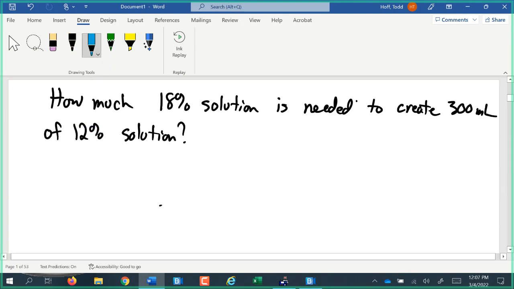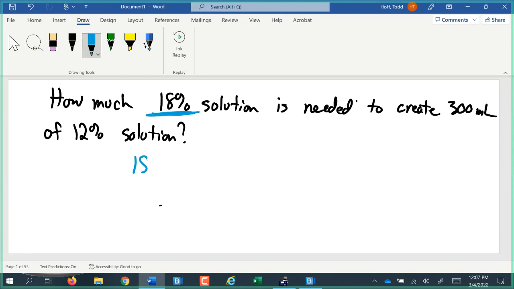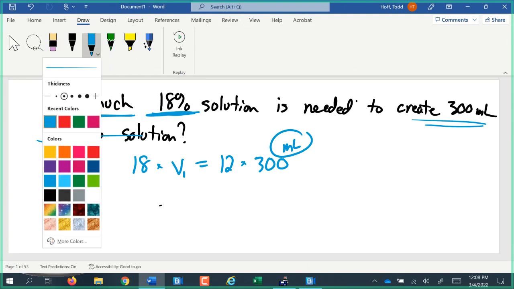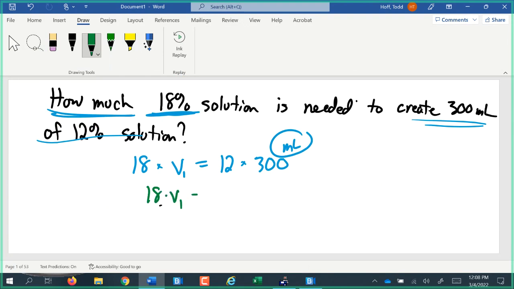So again, it doesn't matter which one we put where. I'm going to start out with the 18% solution. I don't know the volume. It's asking how much. So it's 18 times V1 to create 300 milliliters of 12% solution. So 12%, or just 12, goes over here, times my 300 milliliters. I'm just going to make a note that's milliliters there so I don't have to look back in the problem later. And then I'll combine what I can combine. Well, on the left side, there's nothing to combine, so that's just 18 times V1 yet.